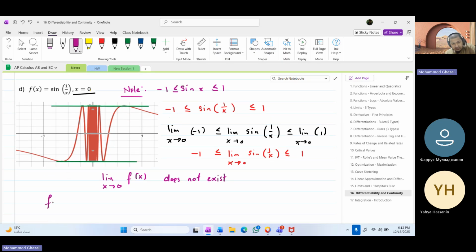So f is discontinuous at x is equal to 0. Why is it discontinuous at x is equal to 0? Because if I directly substitute 0 here, you're going to get 1 over 0, which is undefined. F is discontinuous at x is equal to 0, and it is oscillatory.